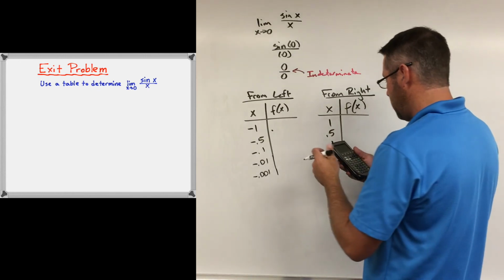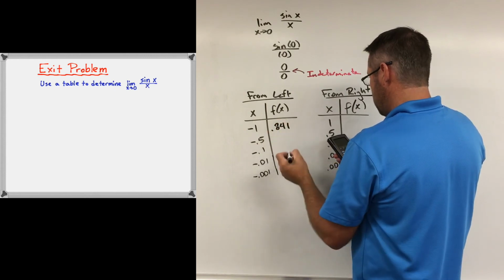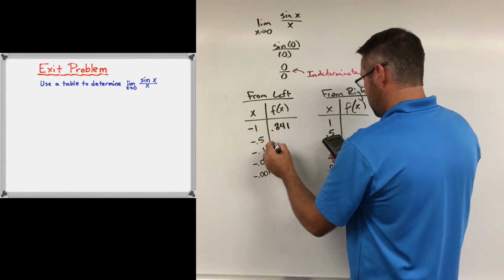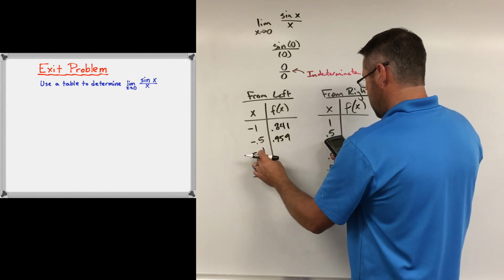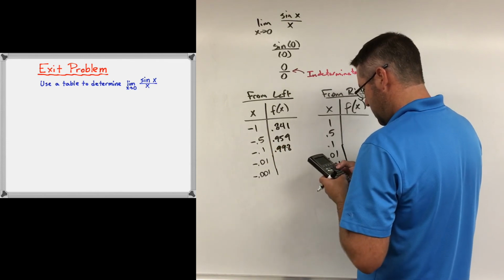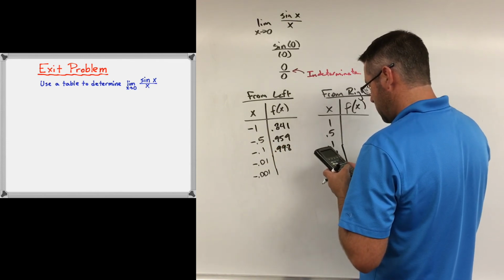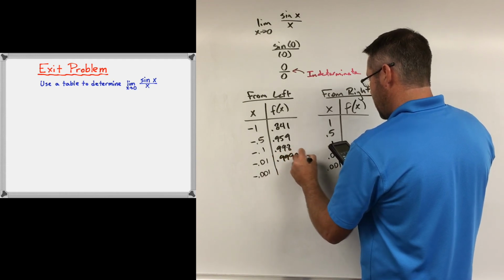So on negative 1, we have 0.841. We'll round to the nearest thousandth. On negative 0.5, we got 0.959. Negative 0.1, we have 0.998. Negative 0.01, we have 0.99998.